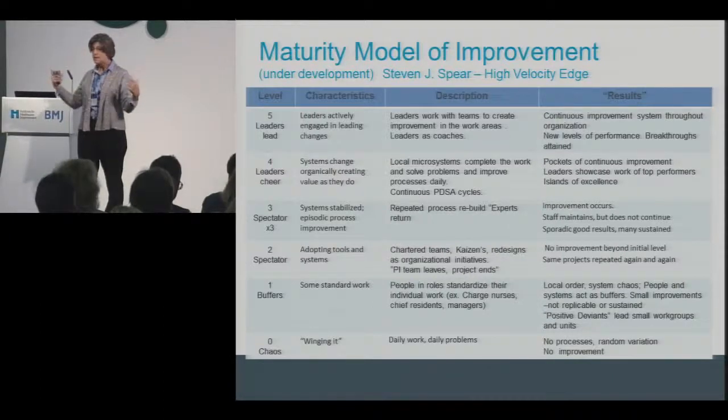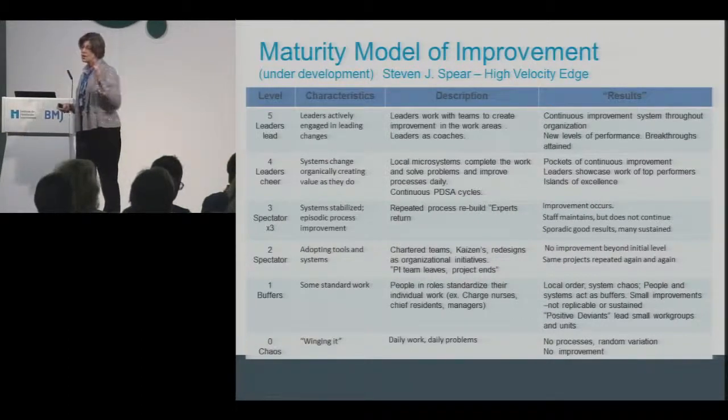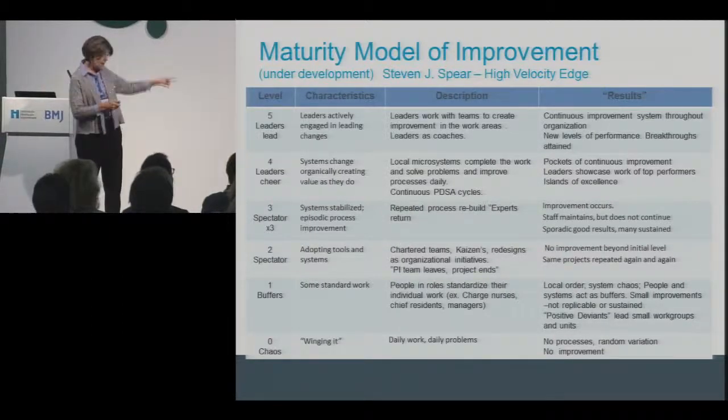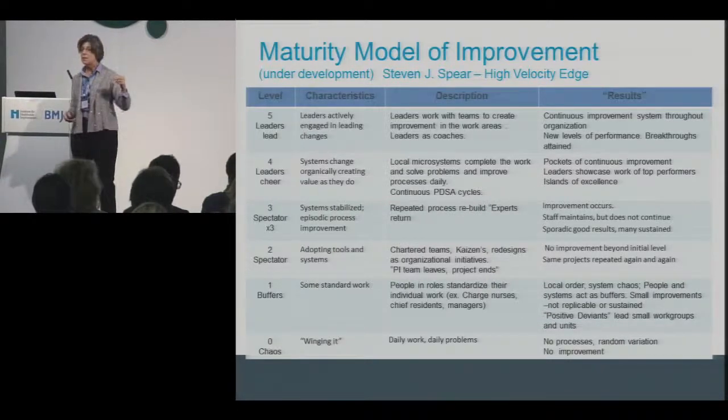I used to be a staffing director, so I had all the units, and wanted to know what was going to go well or not. When I looked at which charge nurse was on, I knew if I was going to have an okay evening on that unit or night. I didn't even know all this theory, but I knew that person had a lot of standard work and knew how to manage that unit.